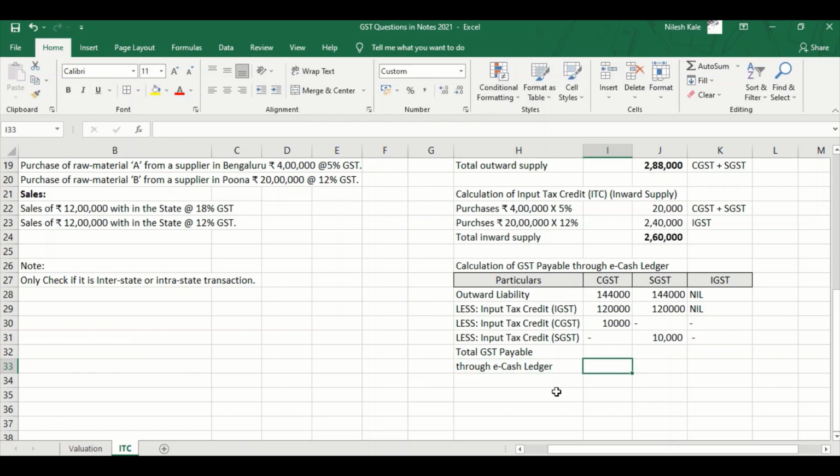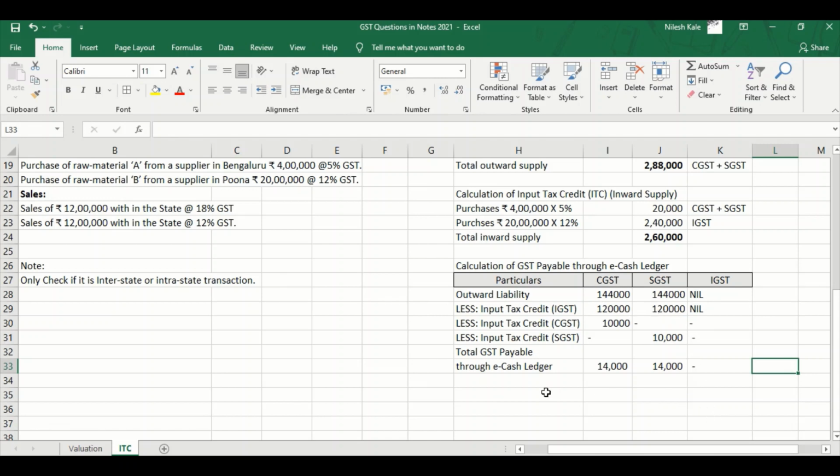How much? 1,44,000 minus 1,30,000 is 14,000, right? Here also 14,000, and IGST 0 because we have used all its credit here, right?